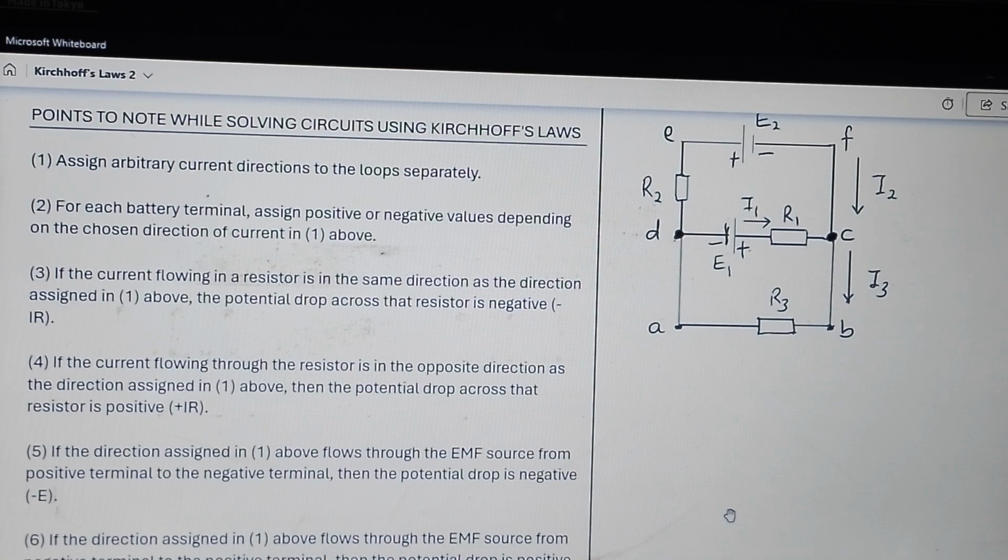First and foremost, you have to assign an arbitrary current direction to the loops separately. What do we mean by that?